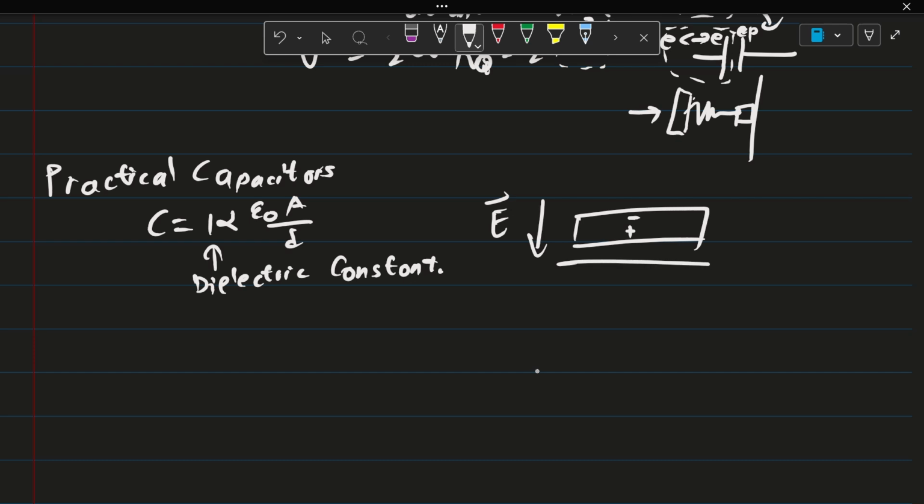So in here it's all negative, and in here it's all positive, right? This buildup of the dipoles inside of this dielectric will also cause some electric field going up, which sometimes you would call the polarization. So now, instead of your electric field being this guy, it's just the electric field minus the polarization.